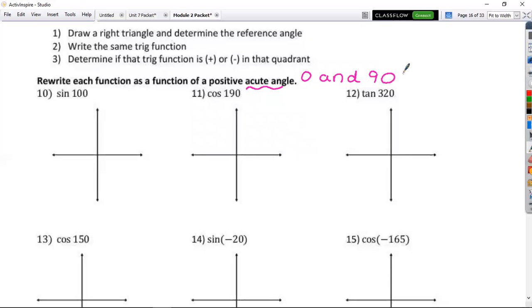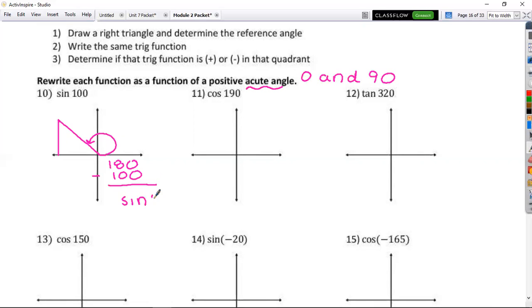Eventually, we'll get to the questions where you find exact value. Actually, if any of these work out nice, I might make you do it just to kind of get you used to it. So 100 degrees is where? Okay. Now I find the reference angle. So I do 180 minus 100, which is equal to the sine of 80.